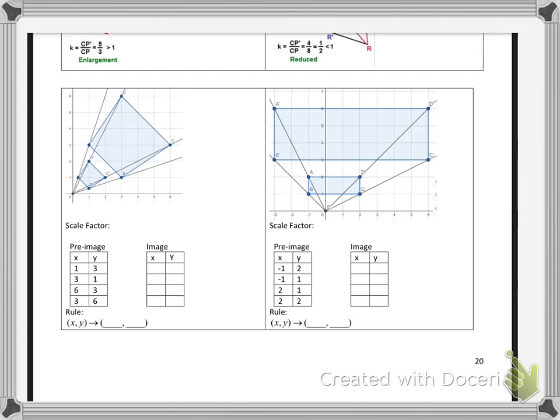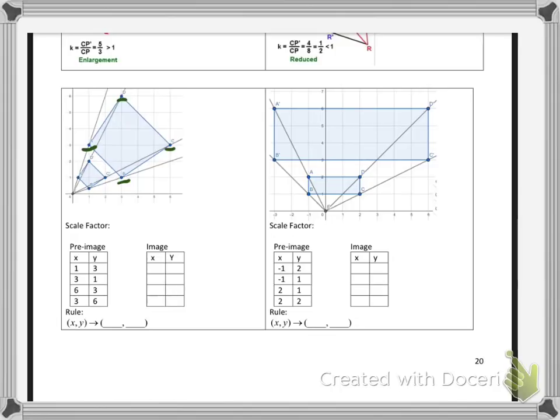Okay, so let's do a couple of these. If I look at this first figure on the left, I can see that my pre-image is the larger of the shapes. This is A, B, C, and D, whereas these other ones have primes on them, indicating that the transformation has been done. So I know I'm getting smaller.